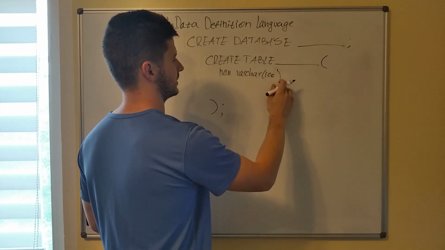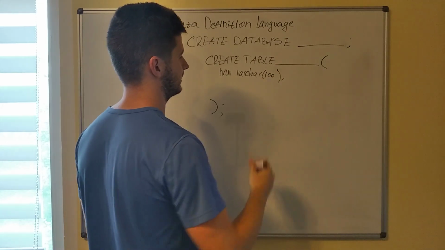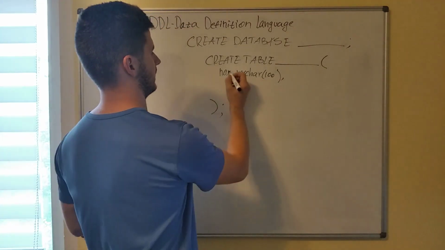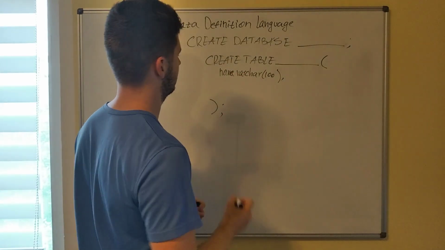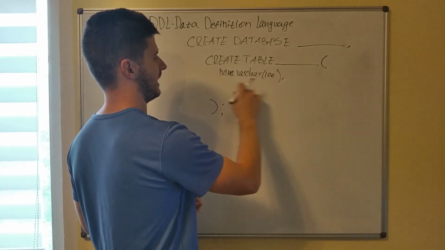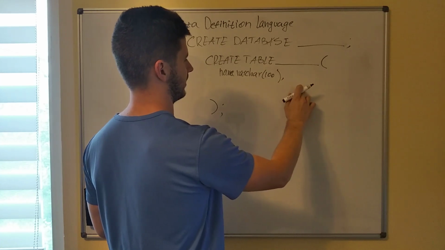And then I'm going to put a comma here at the end, because I want to have two columns, so I have to tell my RDBMS, okay, this is one of my columns.